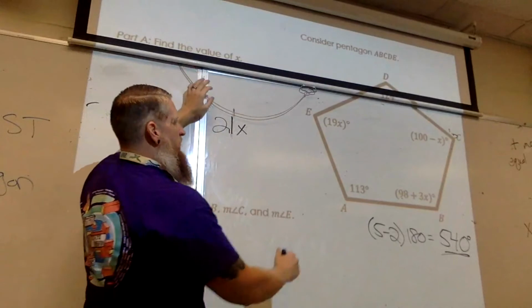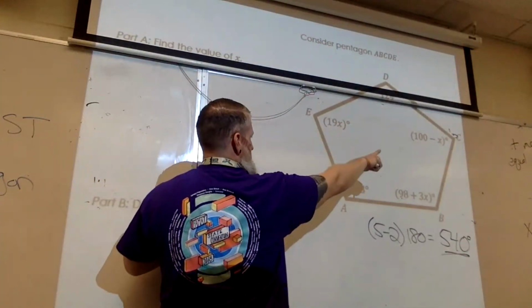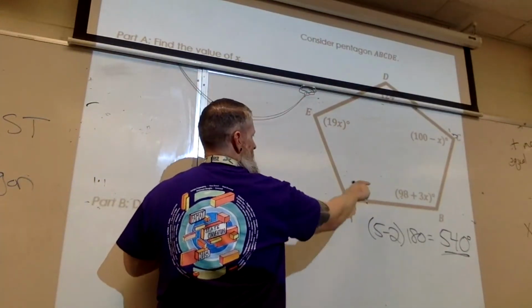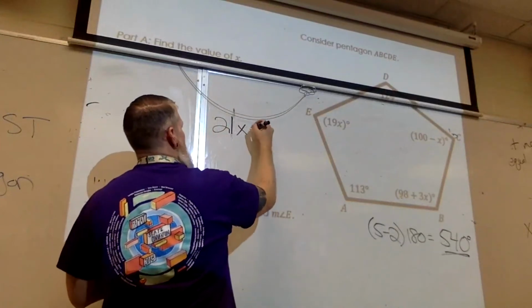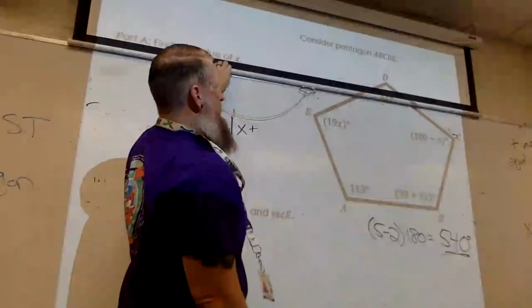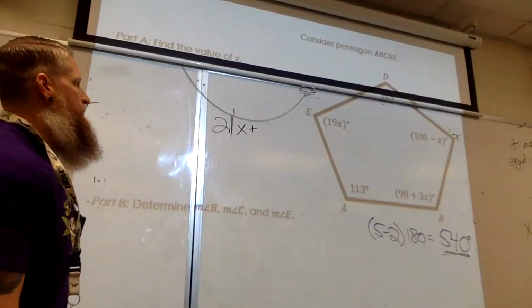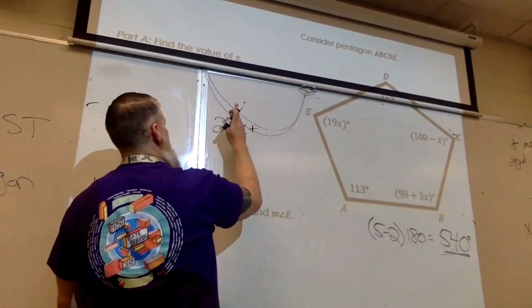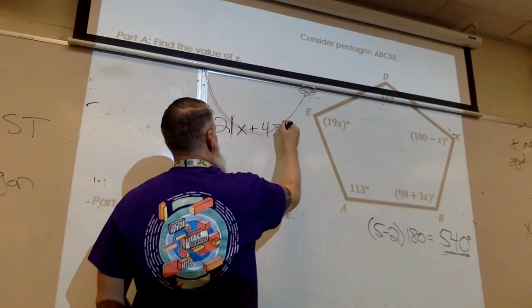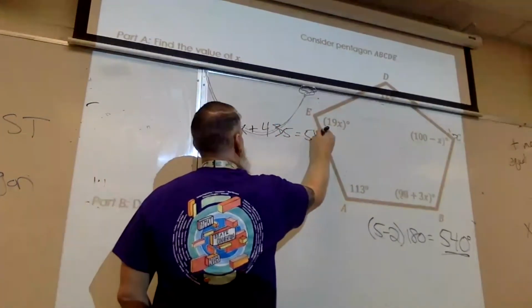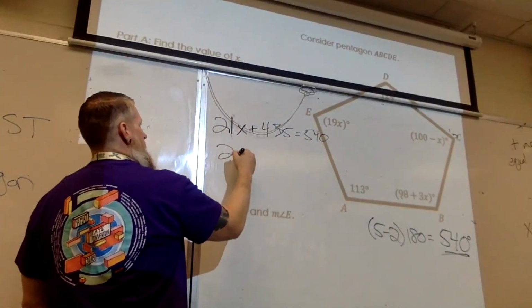All right, I got 124 up there, 100 there, 113 and 98. I need all those together: 124, 100, 98, 113. That's 435.